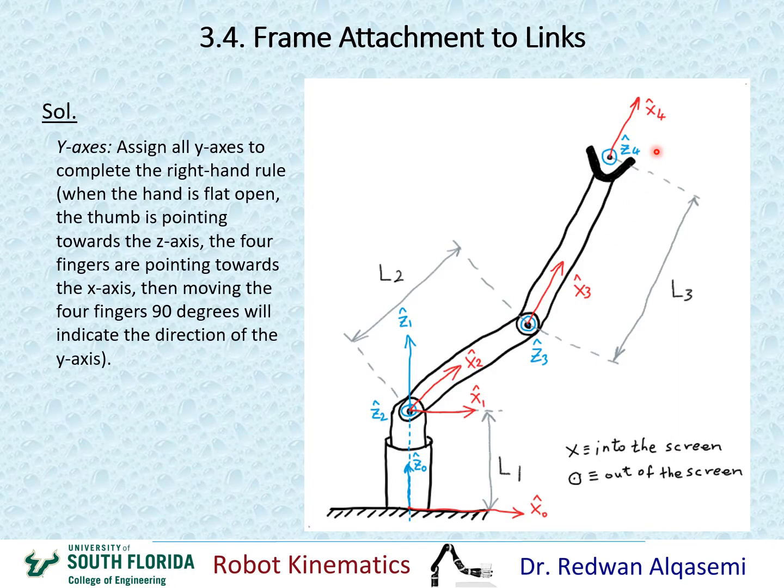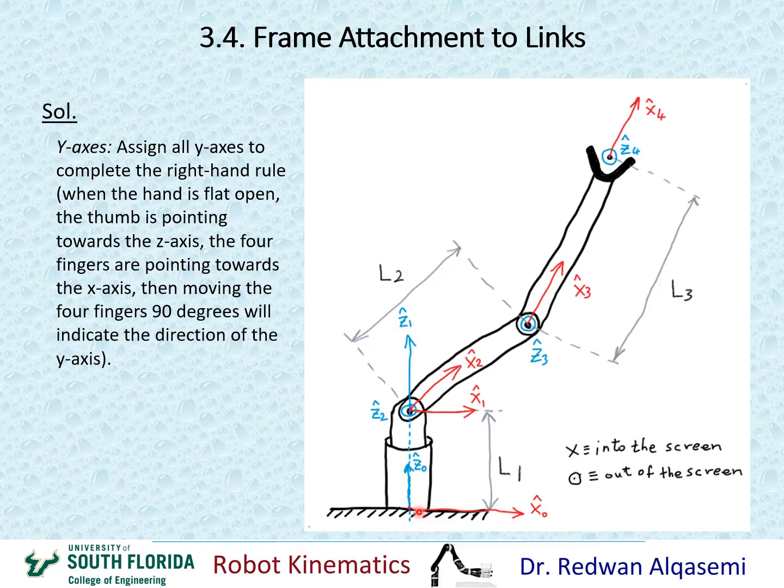Moving on to the y-axis, we're going to use the right-hand rule now. So I'm going to start all the way down from frame 0. I'm going to use my right hand. My thumb will be in the z direction, and then my hand will be fully open, and all my four fingers will be towards the x direction.